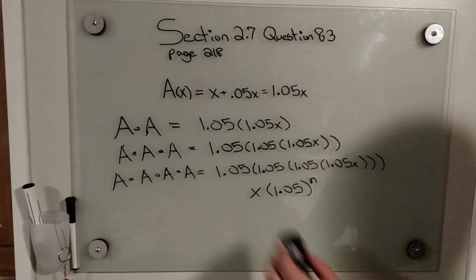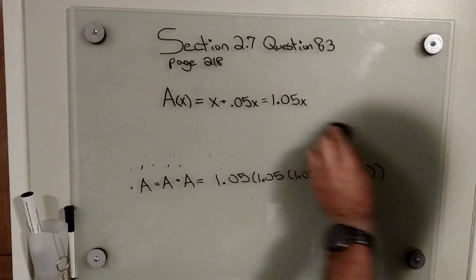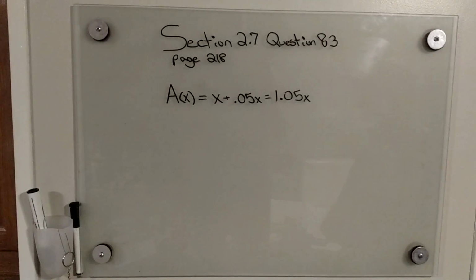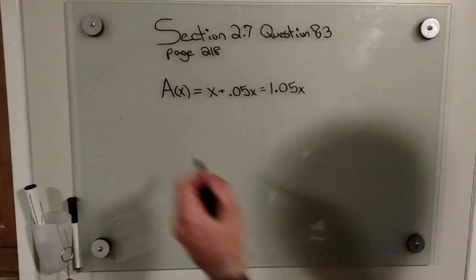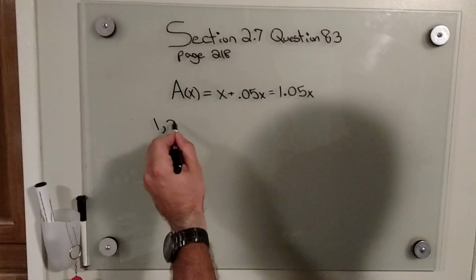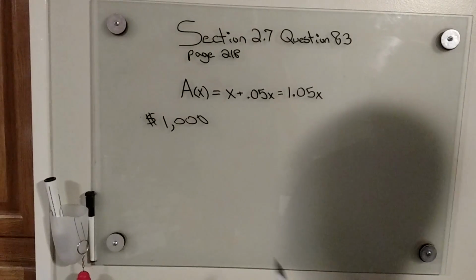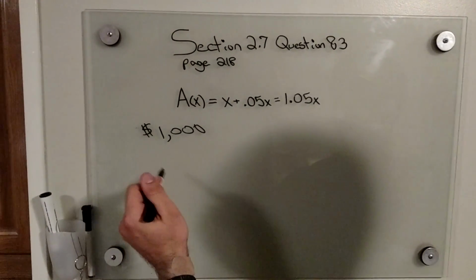I'll give myself a little bit more room here. Say we actually invested $1,000 into a savings account that earned 5% interest compounded annually.